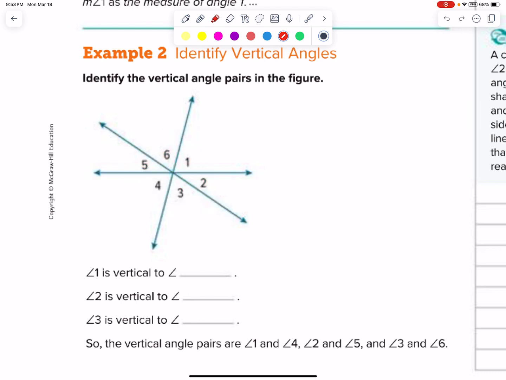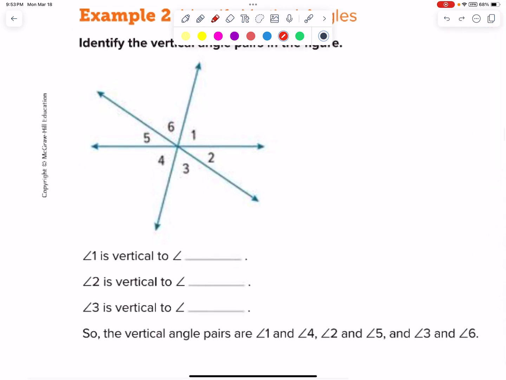Okay, so let's go ahead and take a look. It says angle 1 is vertical to what? Okay, so again, you want to look at the X for angle 1. And then we can see, okay, angle 1 is vertical with which one? Okay, it's straight across to this one. And so we would say angle 4. Okay, let's look at the next one. It says angle 2 is vertical to what?